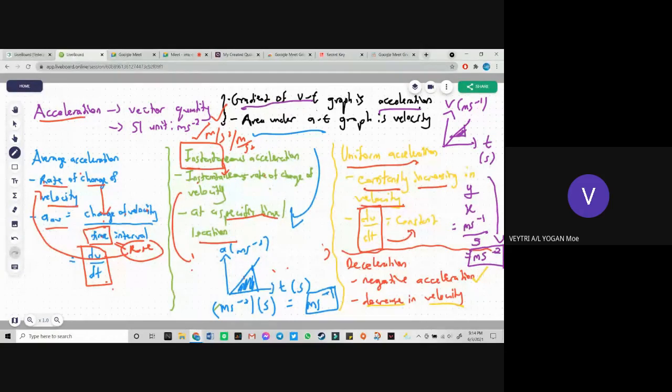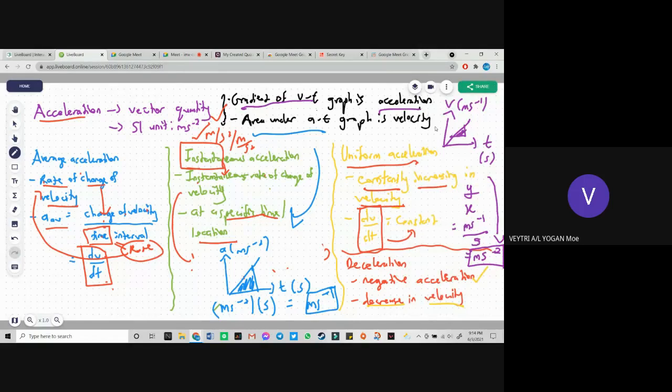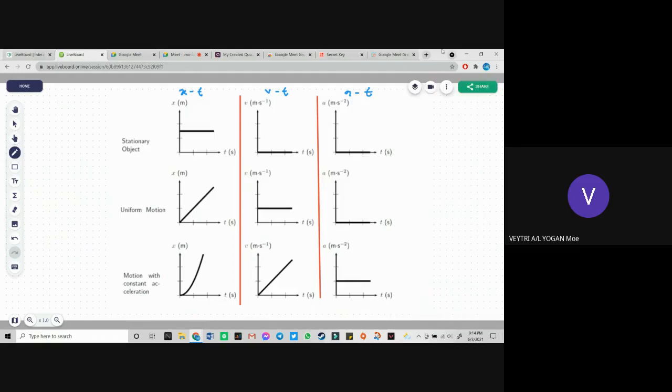Okay, now any questions before we move on to the actual graphs? Yeah, any questions? Alright, now let's move on to the actual graphs. Okay, these are the graphs you have to know for the matriculation syllabus.